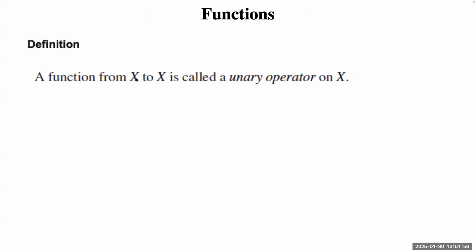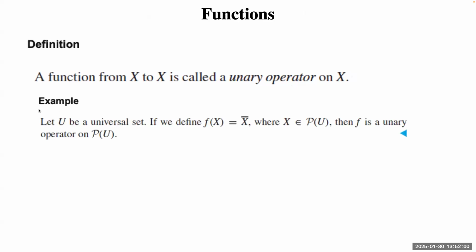A function from X to X is called a unary operator. Let U be the universal set, say. We define a function f of a set to be its complement, where the elements of X are the power set of whatever my universal set is.